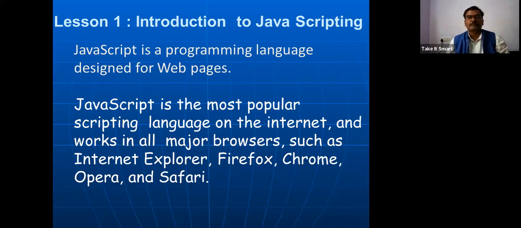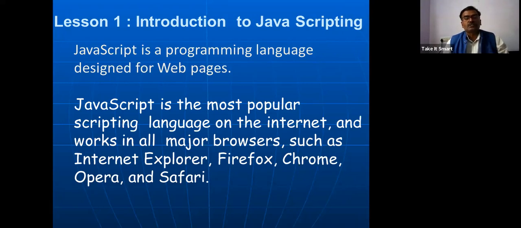Fine. So JavaScript is a programming language designed for web pages. We have to understand how we can use JavaScript in our web pages. JavaScript is the most popular scripting language on the internet, and works in all major browsers.